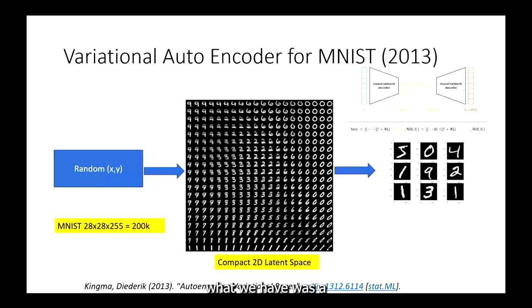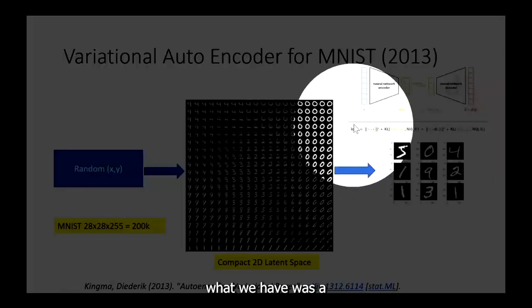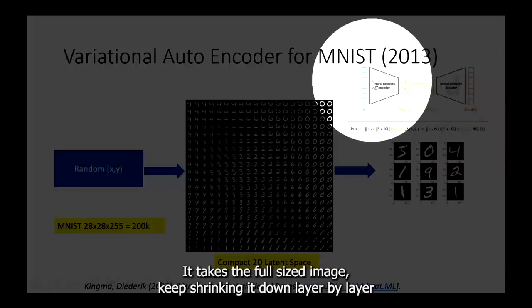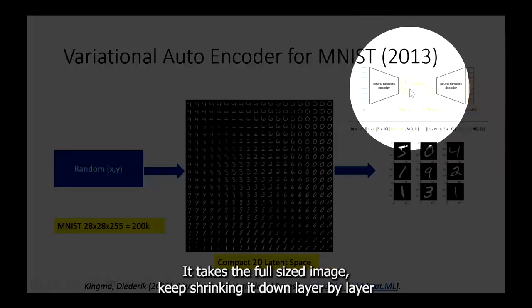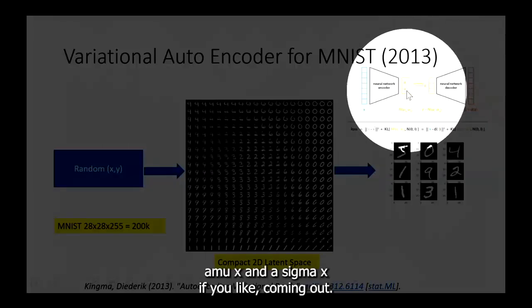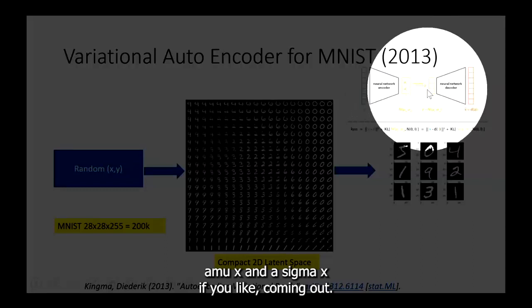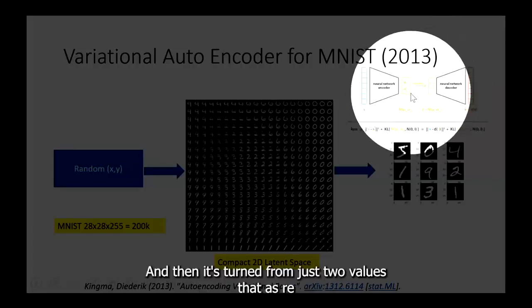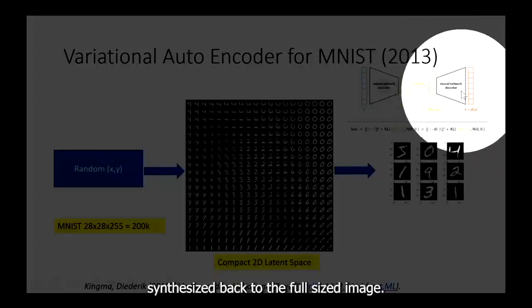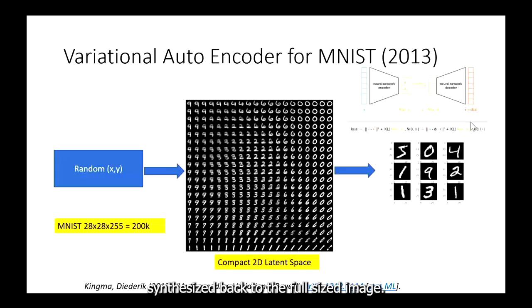It relied upon having a neural network encoder, which looks like a pyramid. It takes the full-size image and keeps shrinking it down layer by layer until you've only got 2 wires, 2 parameters, a mu-x and a sigma-x, if you like, coming out. This is fed here, and then it's resynthesized back to the full-sized image.